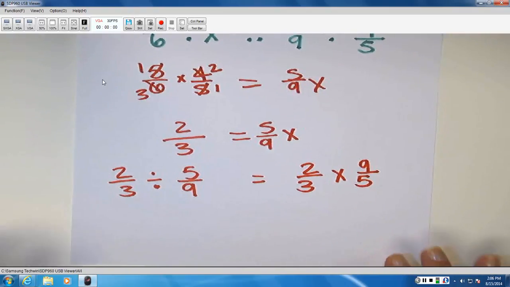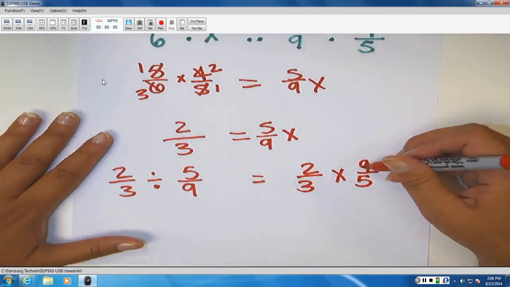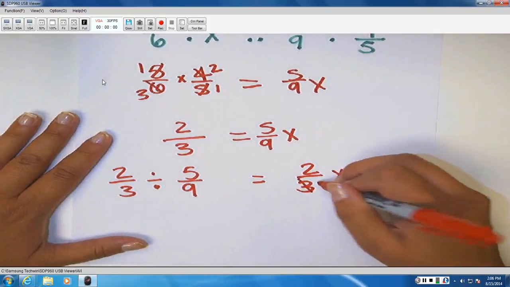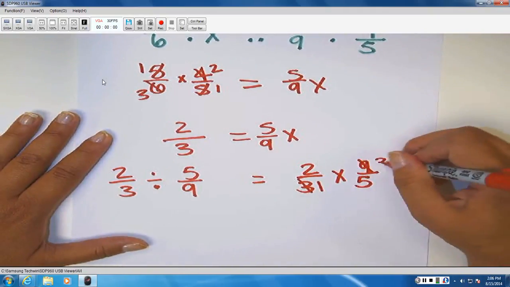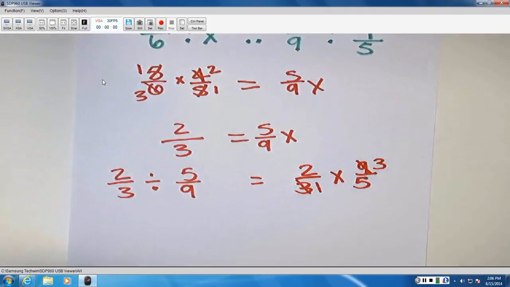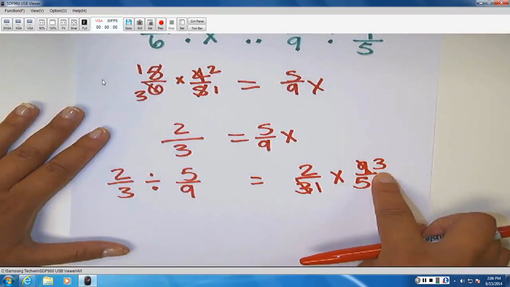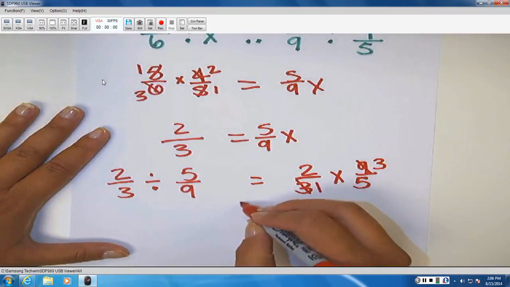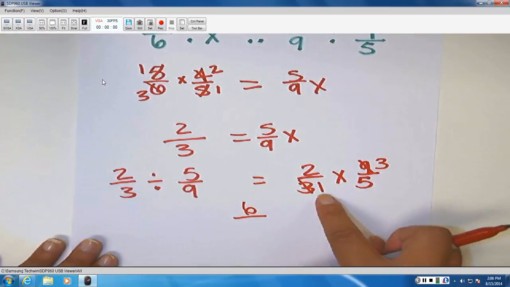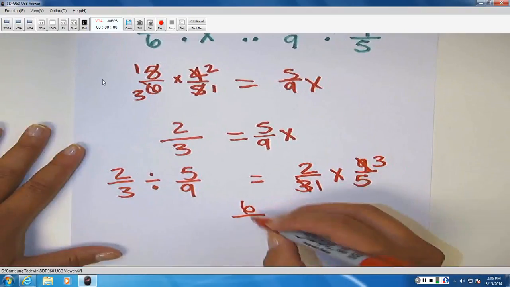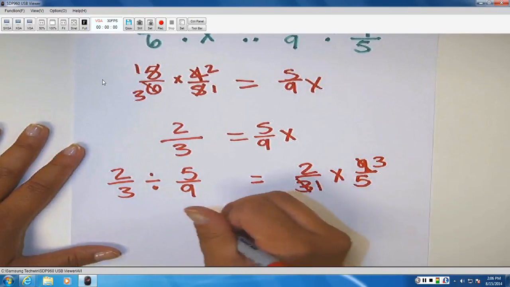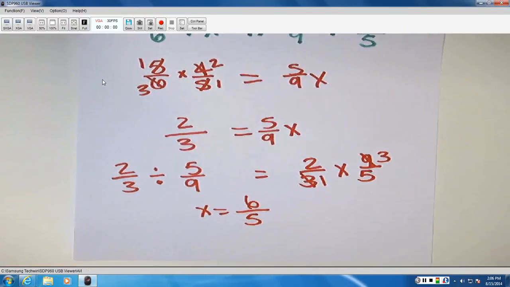And now I'll reduce. So I know that 3 will go into 3 one time, 3 will go into 9 3 times, and now I'll multiply across. So 2 times 3 is 6, and 1 times 5 is 5. So I'm left with x equals 6/5. But again, we don't want to end with that improper fraction.